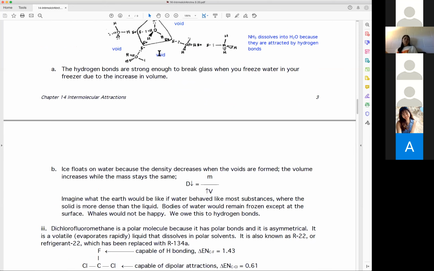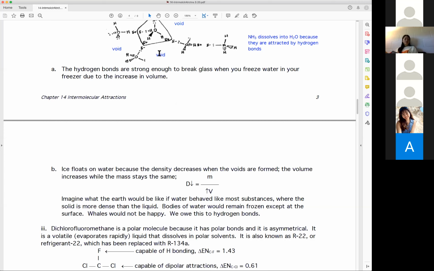So why does ice float on water? Because of the hydrogen bonding properties. Almost every other substance, if you freeze it, the solid is more dense than the liquid, and then the solid will simply go to the bottom of the liquid. But with water, it does the opposite.